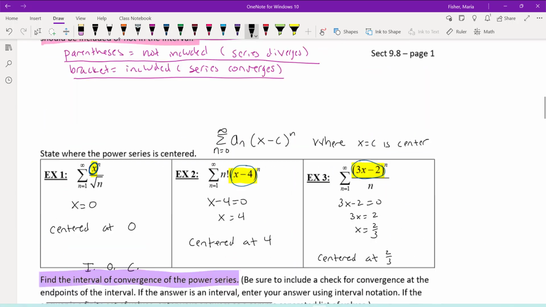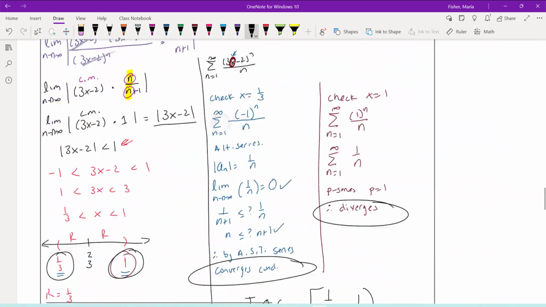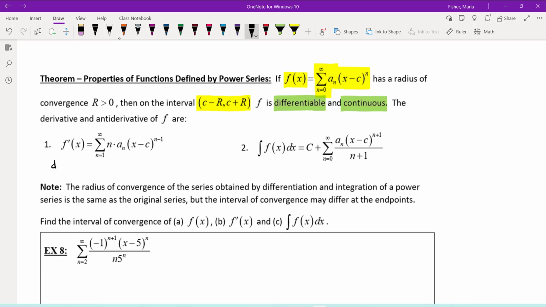So just remember that the derivative of an x to the n is just n times x to the n minus 1, and the integral of an x to the n is going to be x to the n plus 1 all over n plus 1 plus c.